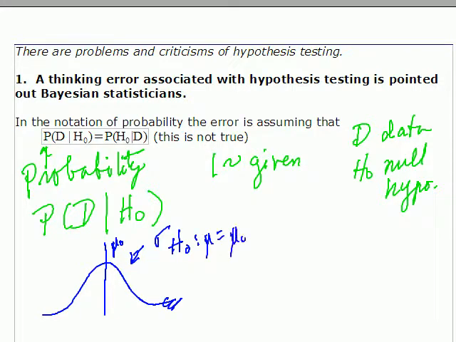Mu equals mu naught. Your test value, let's say, is right here. What's the probability you would see that test value given that you're in this particular bell-shaped curve is the area here, and that's fairly high probability because you are covering a good deal of the area of the bell-shaped curve.